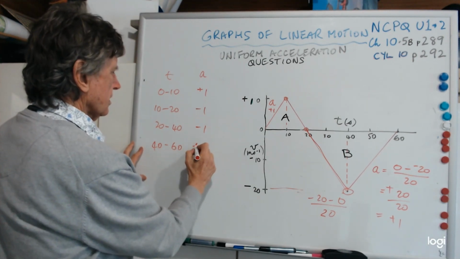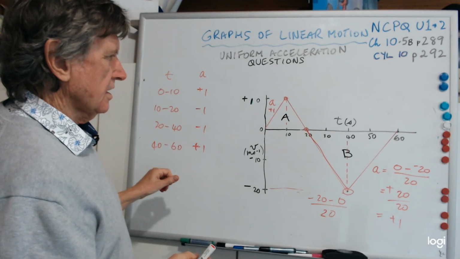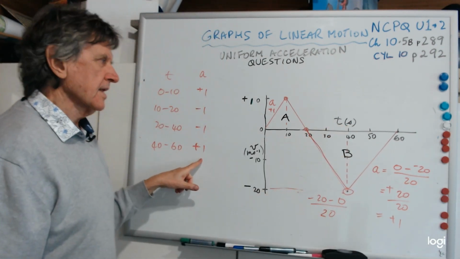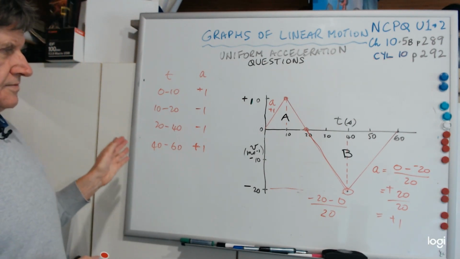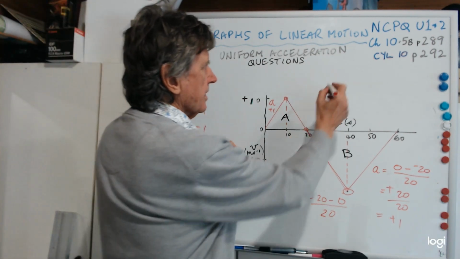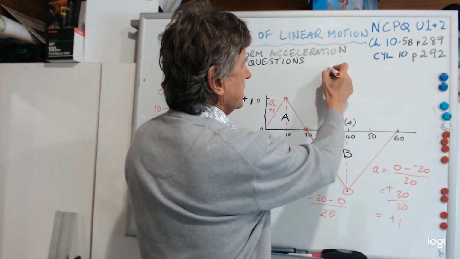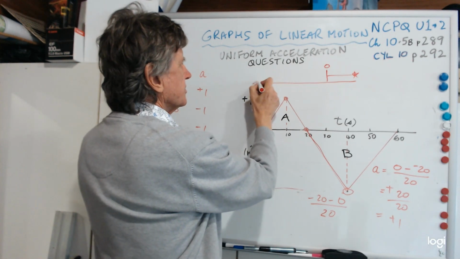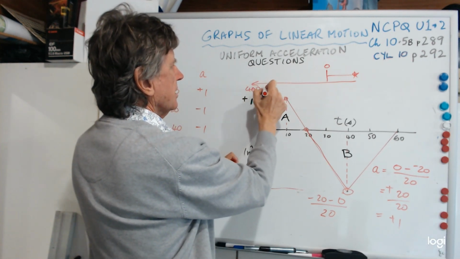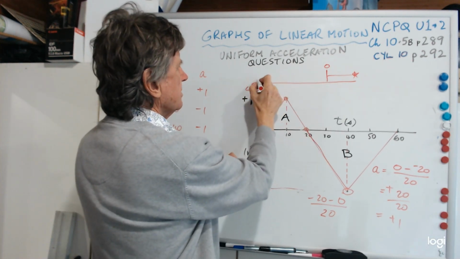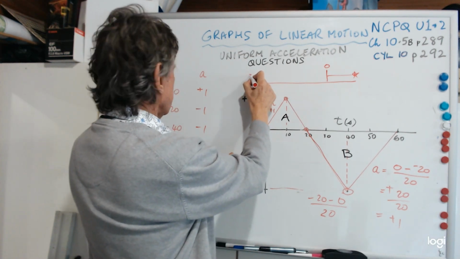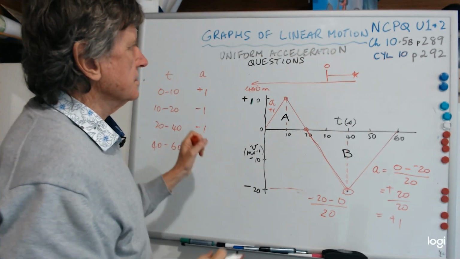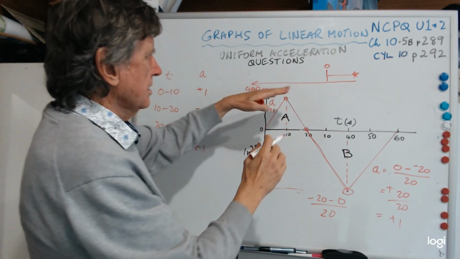Now you might think, what's going on here? We're down in the negative side of things, and how can it be plus 1? The answer is, if you remember, there's the 0 point, they got to here, and then they were running back this way.